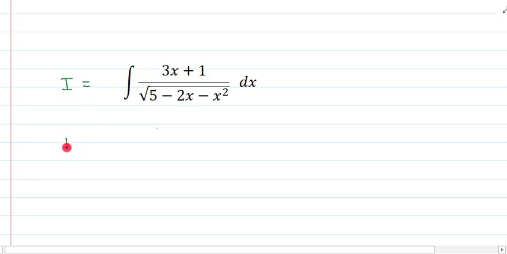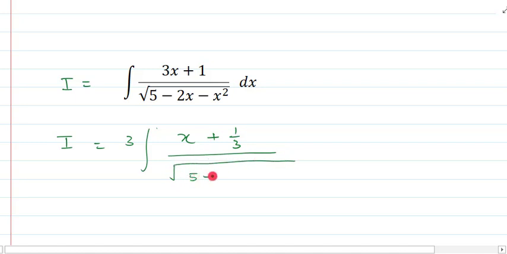I is equal to, taking 3 as common, x plus 1 upon 3 upon square root of 5 minus 2x minus x square dx. Now we need to create minus 2x minus 2.